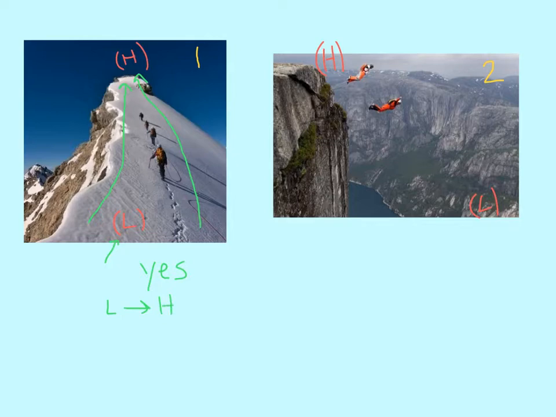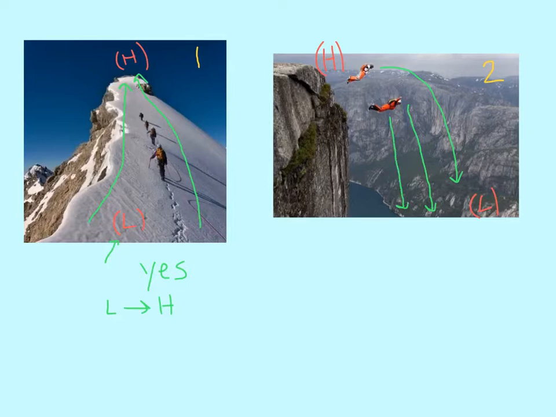Same thing with moving substances across the cell membrane. If they go from low to high, it requires energy. Now, the opposite of that are these two crazy guys over here. They're going from high to low. So they're going from high elevation, they're jumping off, and they're going to low elevation. The question is, does it require any energy for these guys to fall straight down from high to low?